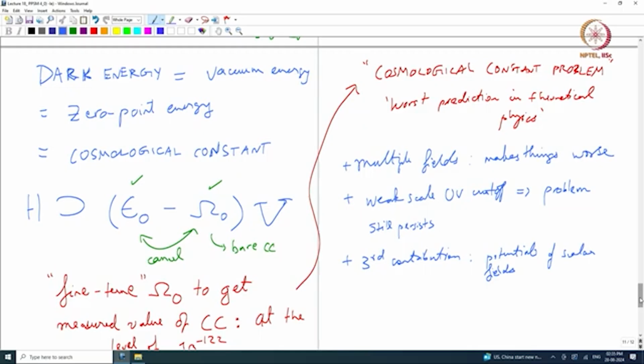But in general, you will agree that in the Lagrangian, not only do I have a kinetic term, and not only do I have a mass term like this, I could actually also have introduced terms like these, correct? Lambda 1 if I want to call it, lambda 2, phi to the 4th, and so on.